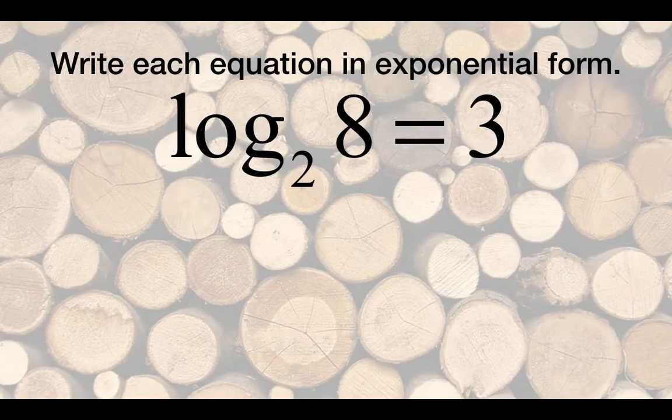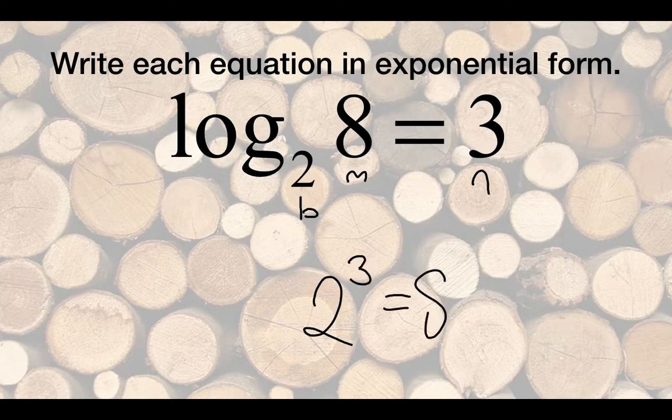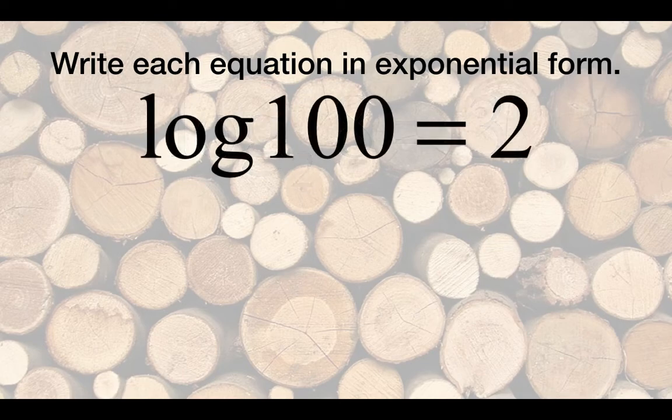Now let's try switching from an equation in log form to exponential. So this becomes 2 to the n power is 3 equals 8. Here we go. Remember our base is this, so it becomes 10 squared is 100.